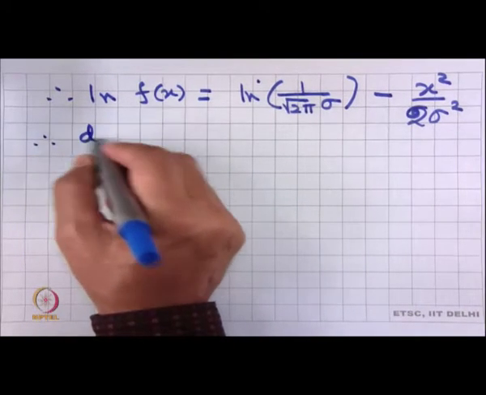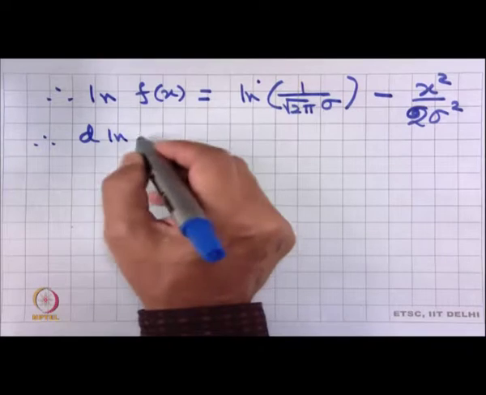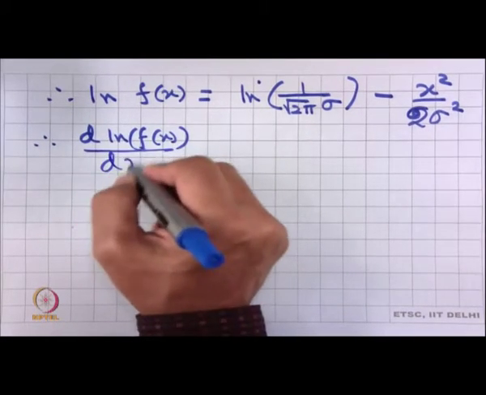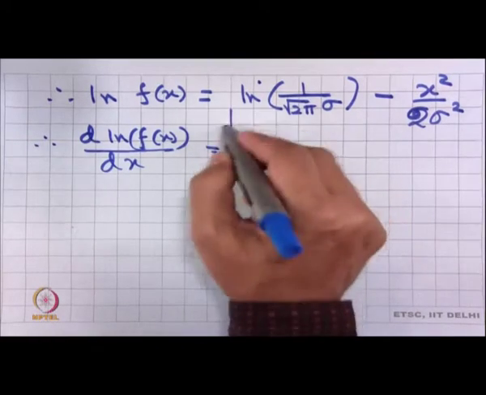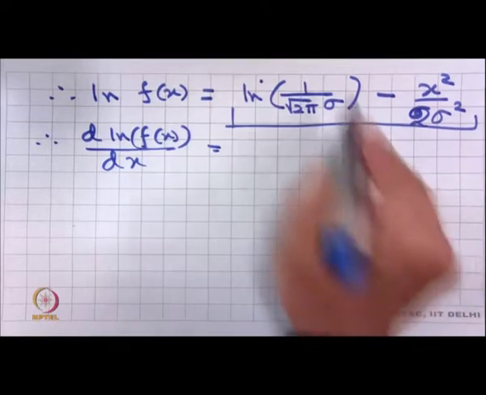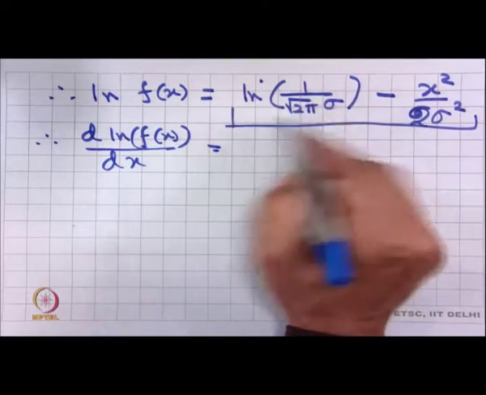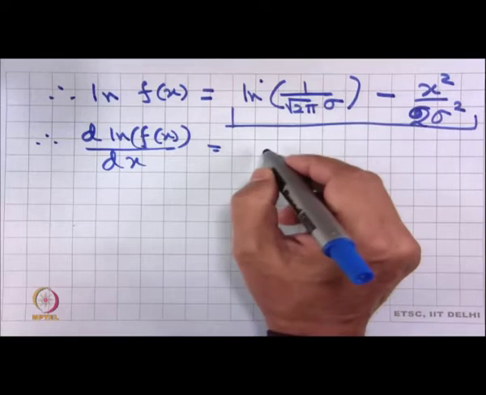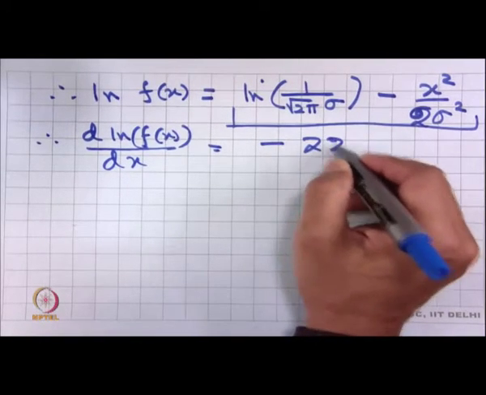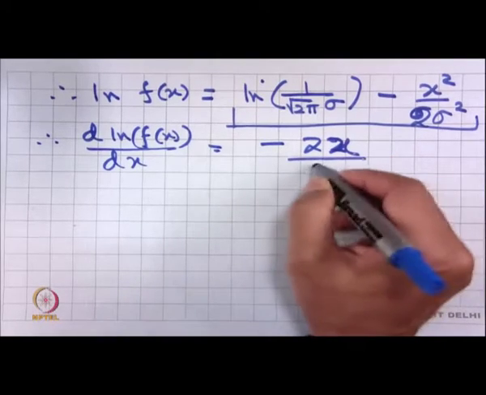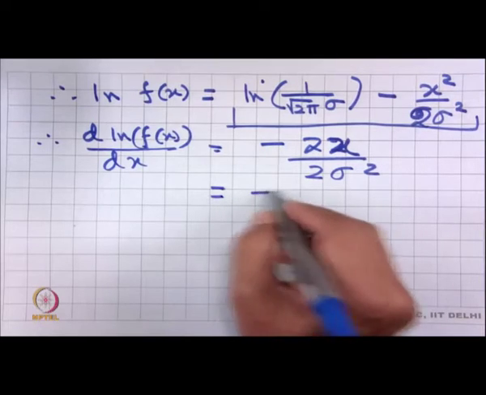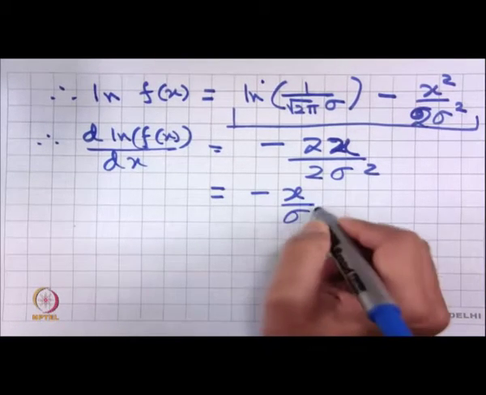Therefore, d log f x dx is equal to, we are differentiating this with respect to x, this becomes 0 because it is a constant, and what we are getting is minus 2 x upon 2 sigma square, which is equal to minus x upon sigma square.